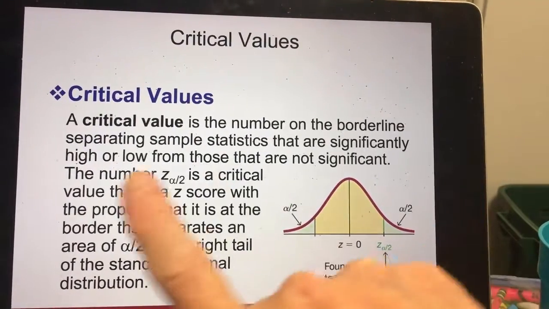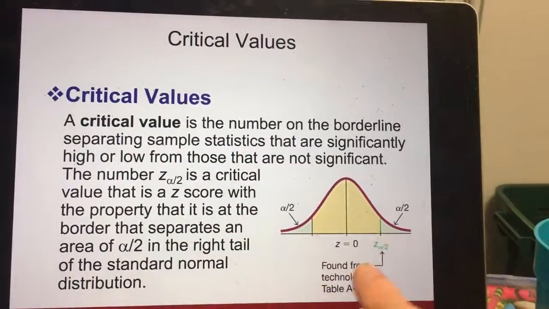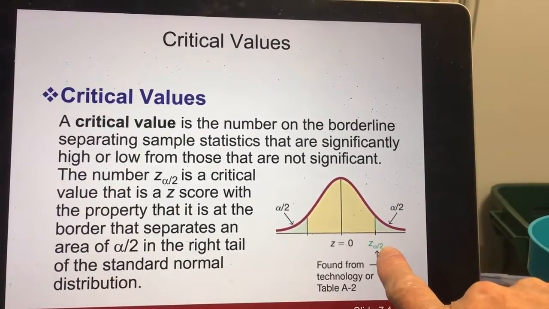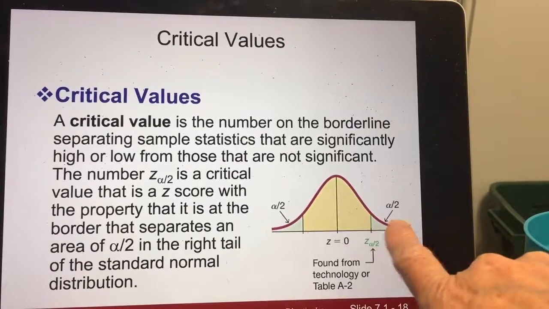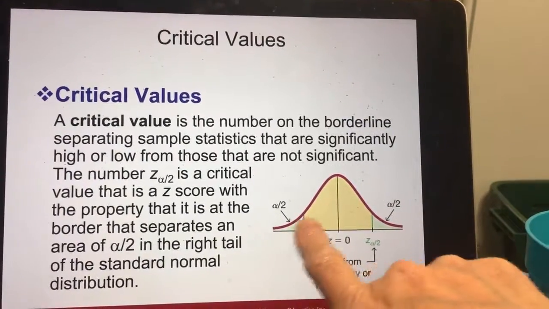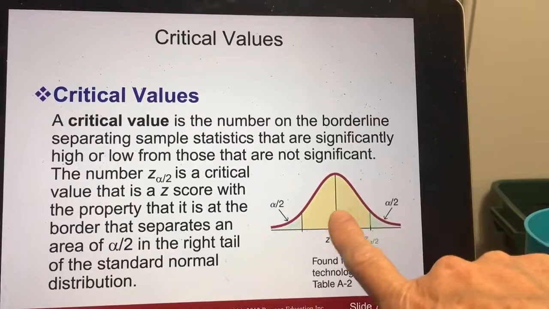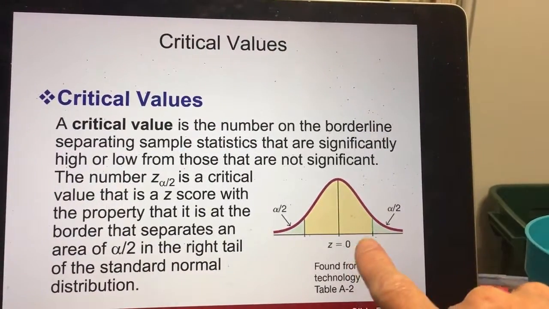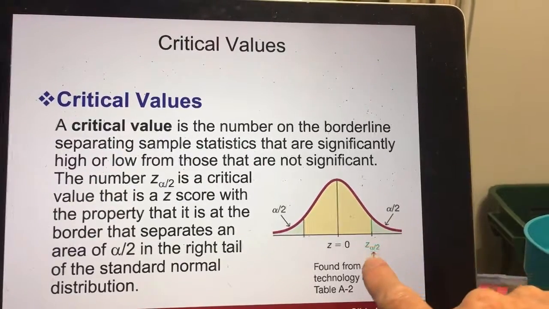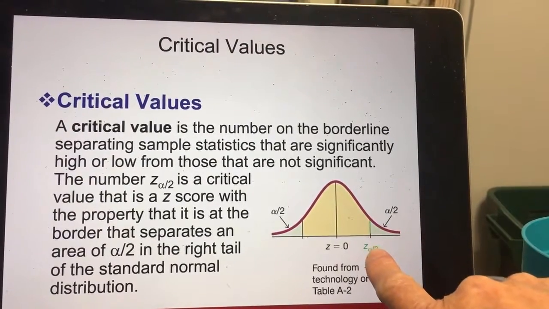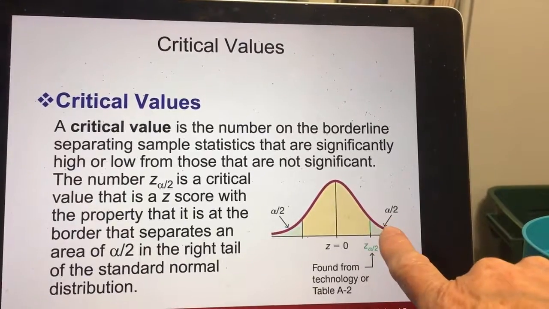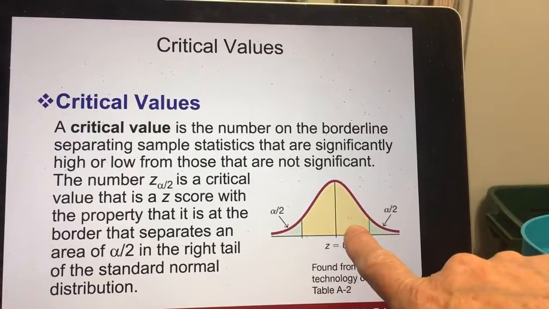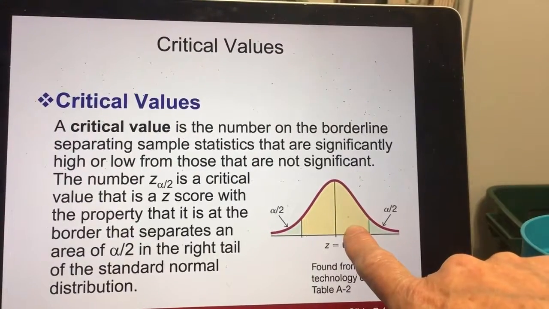A critical value is the number on the borderline separating sample statistics that are significantly high or low from those that are not. The number z alpha over 2, which is right here, is the z-score which separates the unusual, the significant, from the usual, which is insignificant.